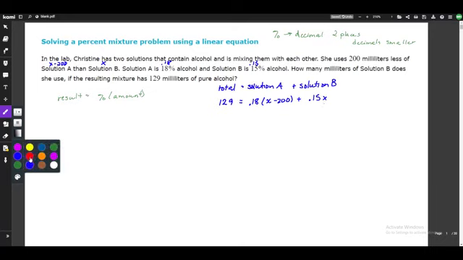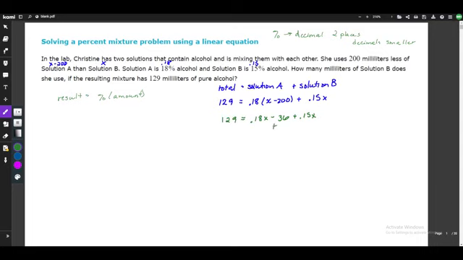So we're going to use our order of operations, our math that we know, get rid of the parentheses. So this is going to be 0.18x minus, when I'm multiplying decimals times things that end in zeros, each decimal can cancel out one of the zeros. So this is really just 18 times 2, which is 36, plus 0.15x, and that is going to equal the 129.